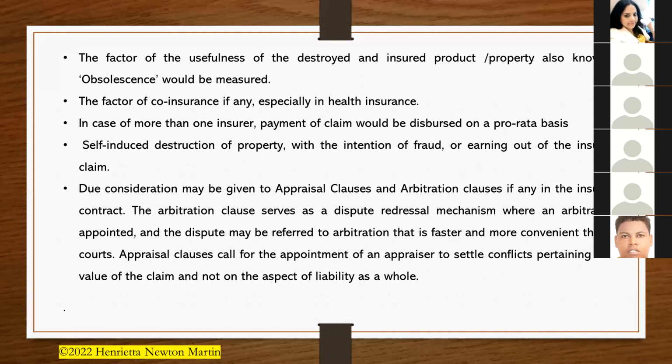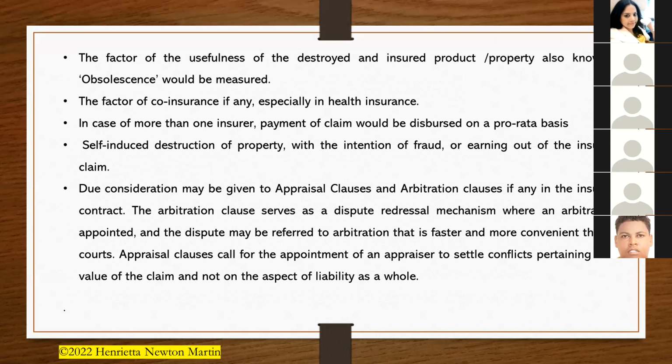Next is self-induced destruction of property with the intention of fraud or earning out of an insurance claim, which also would be considered. Why? If there is a self-induced destruction, then they would not honor that particular claim, as we discussed during the last class. What did I say during the last class?